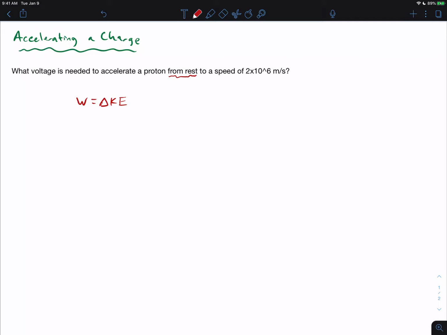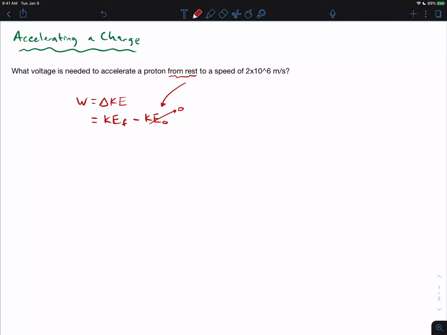So this is whatever my final kinetic energy is minus whatever kinetic energy I started with. But because we're starting from rest, this is 0. We don't have any kinetic energy to start because we're not moving.